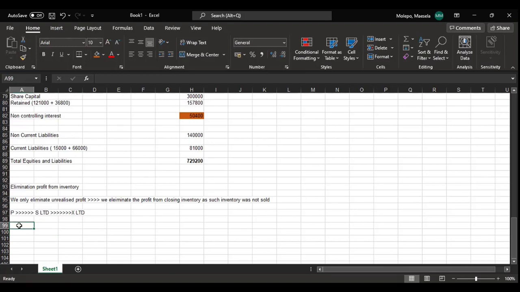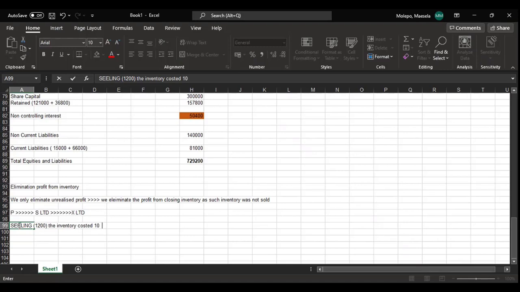So the selling by P was 1,200, but the inventory cost 1,000. Then that is on P's selling.